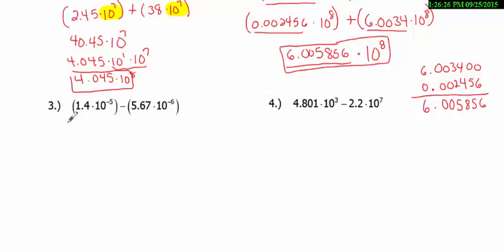And so what I'm going to do is bring down this first number because it has the exponent I want. So I have 1.4 times 10 to the negative 5th. Bring down your subtraction sign. Now I'll bring down the 5.67, and since I need to change the exponent to negative 5, over here I will put times 10 to the negative 5.